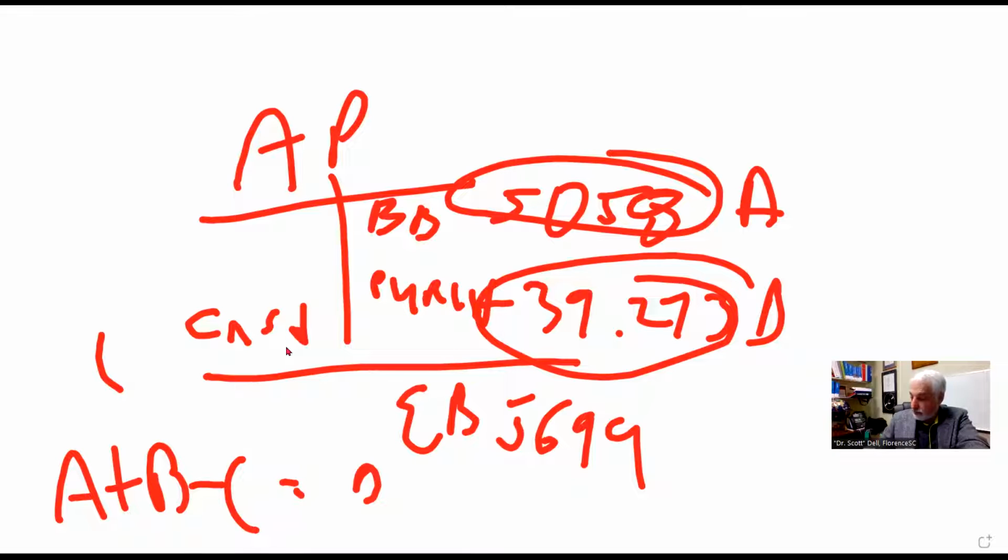We add to that the purchases, which we were told included 39,273. And then we had the ending balance of 5699.